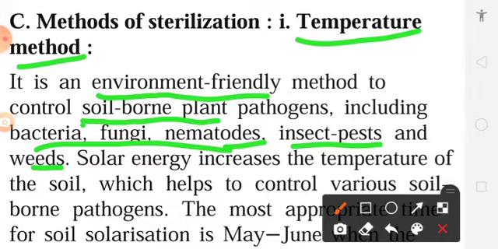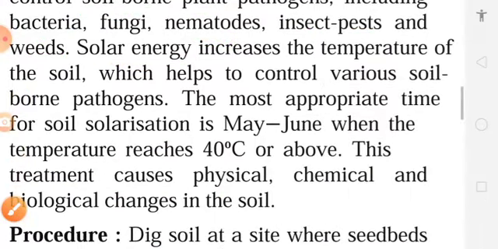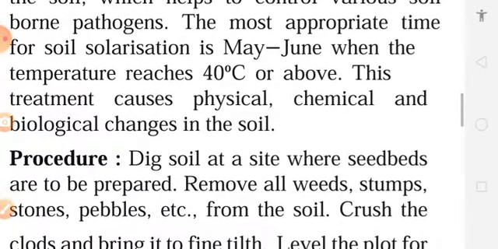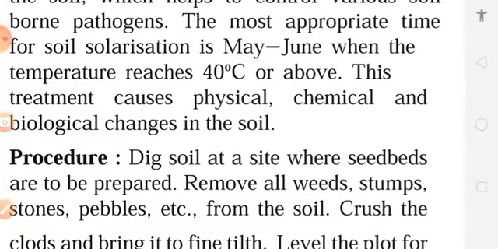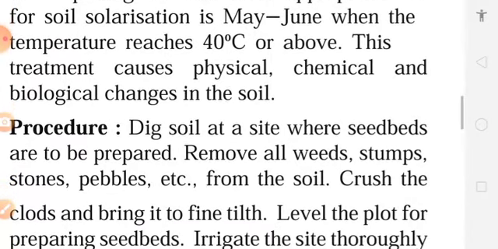For this purpose we can use solar energy, and by that way soil temperature can be increased in this method. This generally happens naturally. You know that during the summer period the soil plowing and harrowing is done, and it is exposed to the atmosphere, to the bright sun.